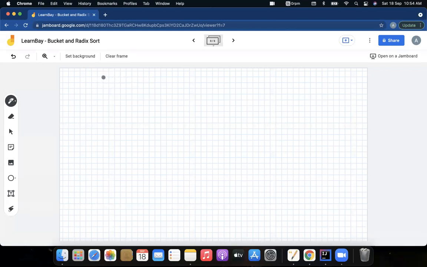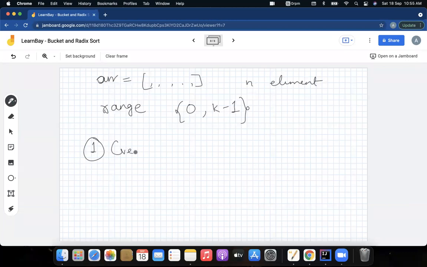So basically bucket sort says if you have an array of n elements, and the range of elements in the array is from 0 to k minus 1, then step 1 is create range buckets.